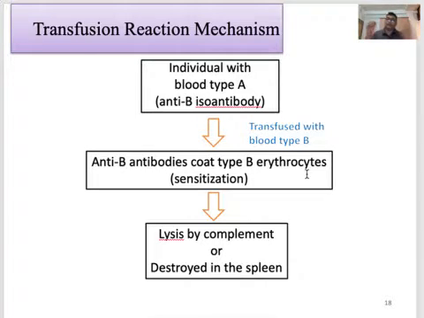This is called sensitization, and once this occurs, they will get lysed either by MAC formation or by ADCC. MAC formation is lysis by complement, and if ADCC occurs, the lysis will occur in the spleen or liver.